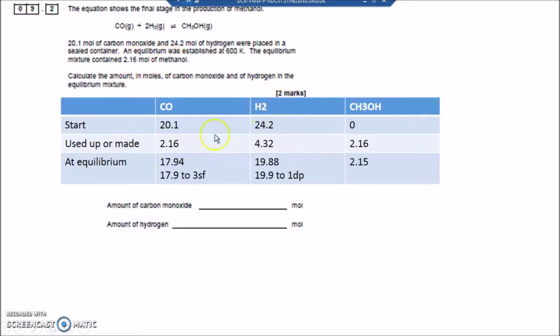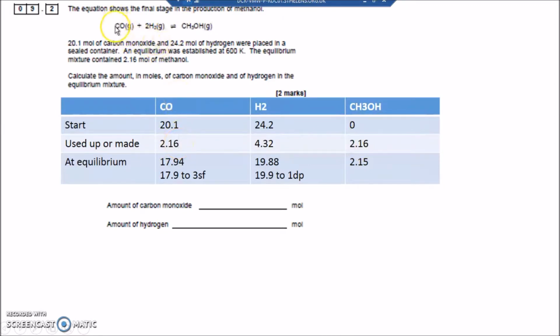2.16 moles of methanol are made at equilibrium. So how much carbon monoxide is used up? 1 mole of carbon monoxide makes 1 mole of methanol. So I've made 2.16 moles of methanol, I must have used up 2.16 moles of carbon monoxide.